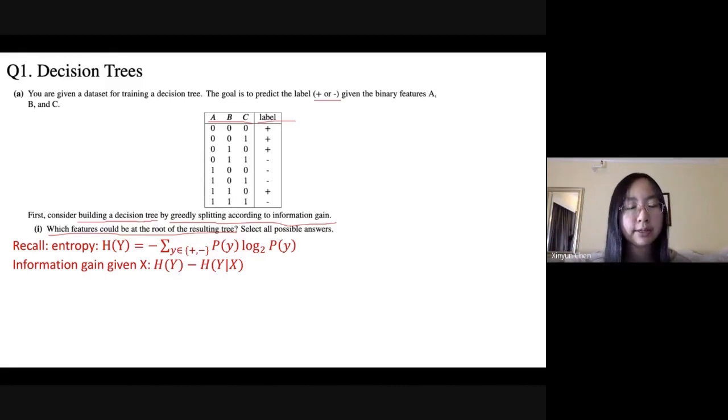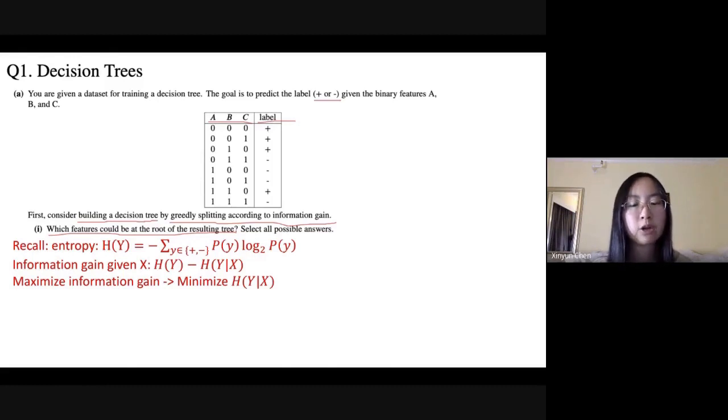Then the information gain given x becomes the entropy of y minus the entropy of y given x. For this specific question, here x could be A, B, or C. Then if we want to maximize the information gain, it means that we want to minimize the entropy of y given x for all these features.